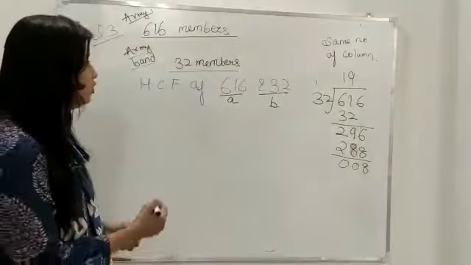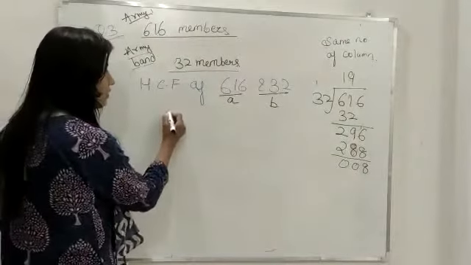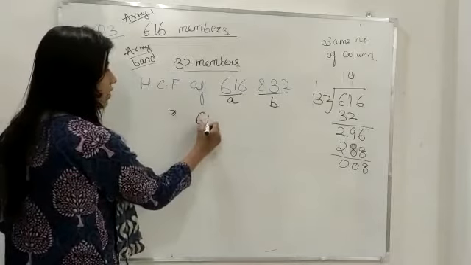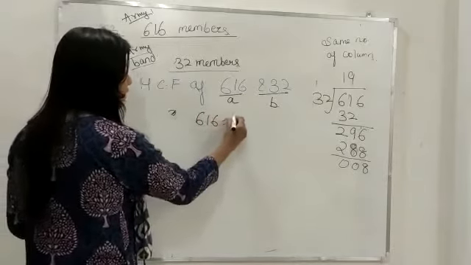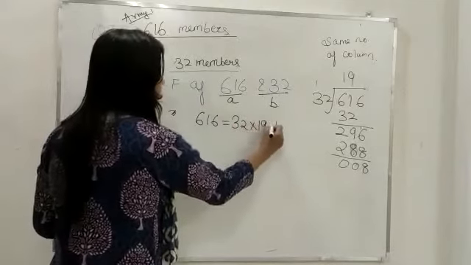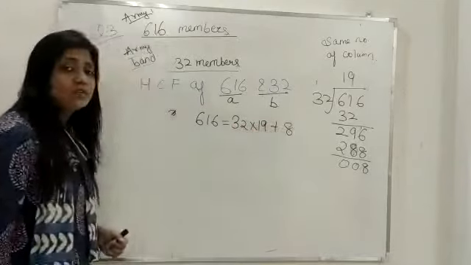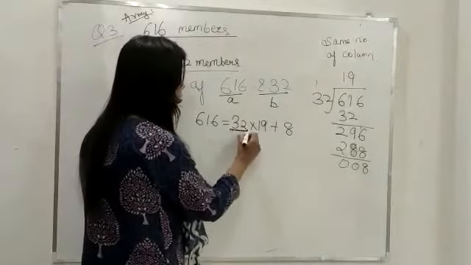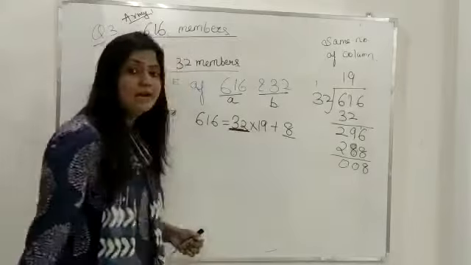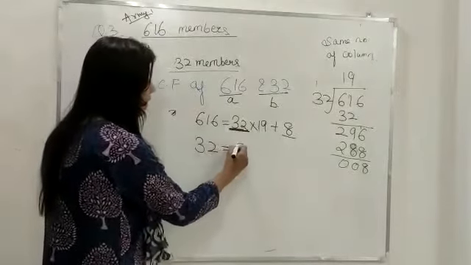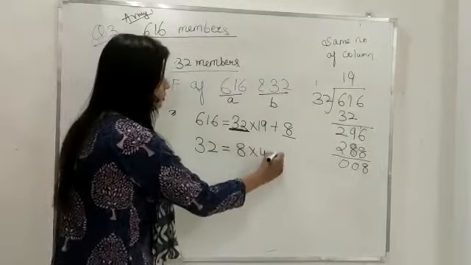So I will apply Euclid's division algorithm and write 616 is equal to 32 times 19 plus 8. Now since the remainder is not 0, I will apply Euclid's division algorithm on 32 and 8. So 32 is equal to 8 times 4 plus 0.